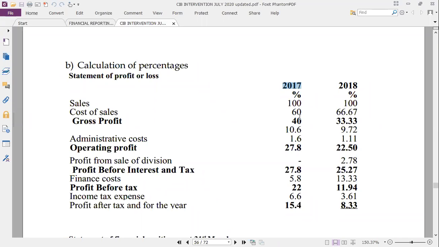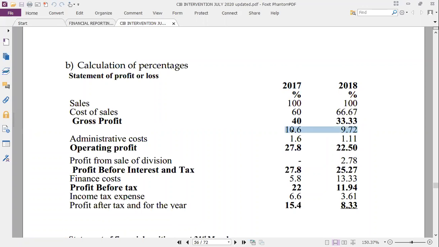This implies that the majority of the company's sales go into cost of sales, like the production cost. That is it. Then I'll come again.